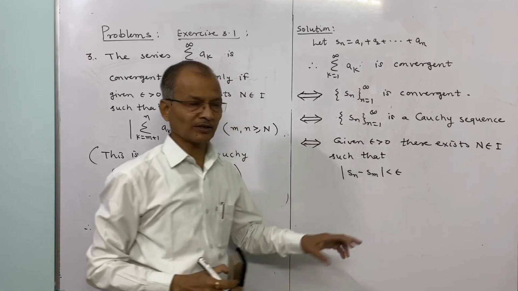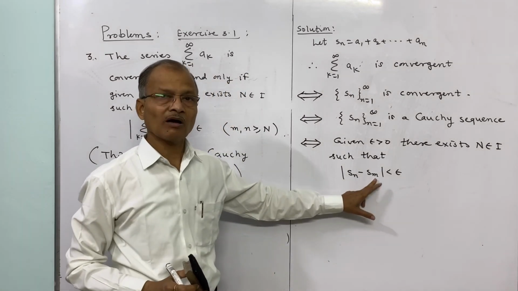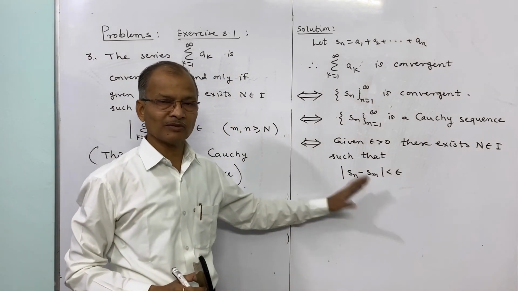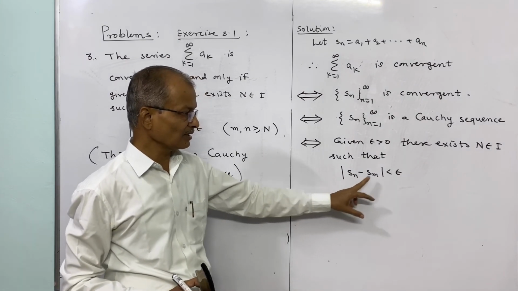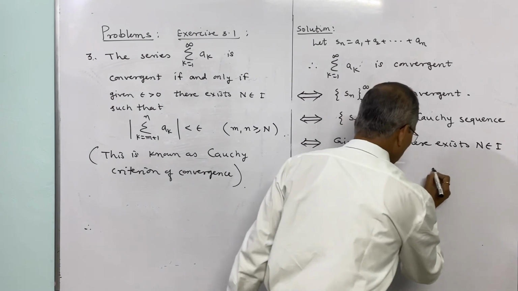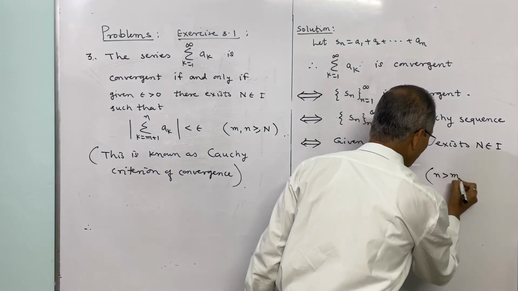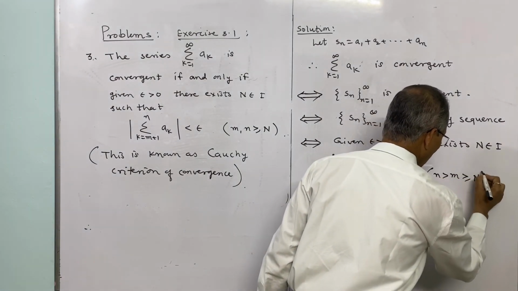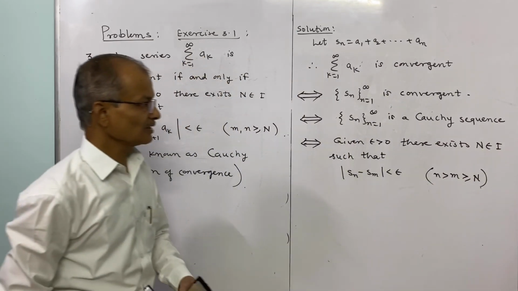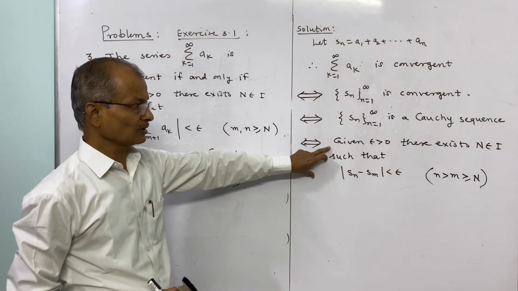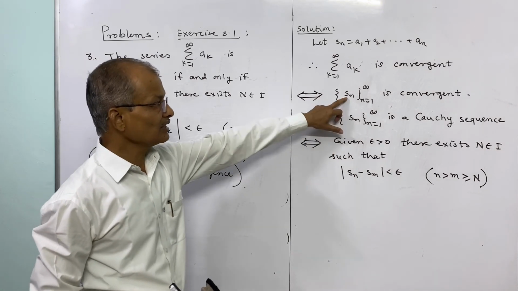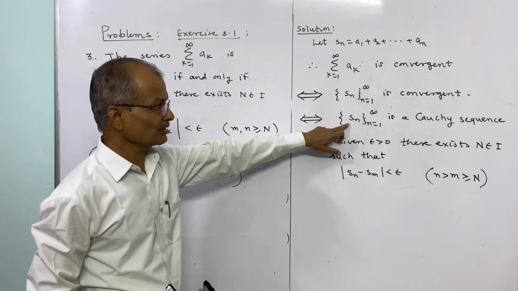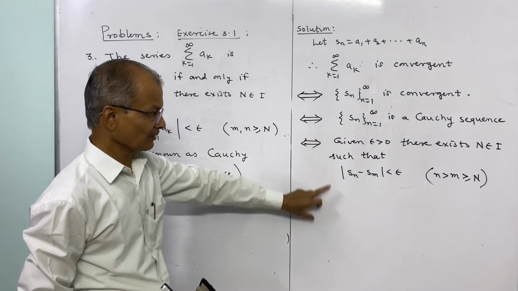Here we assume n is greater than m; if m is greater than n, we interchange the terms. Both n and m are greater than or equal to capital N. This is the definition of a Cauchy sequence we studied in the chapter on sequences. Sn is convergent is equivalent to Sn is Cauchy, which is equivalent to this definition.